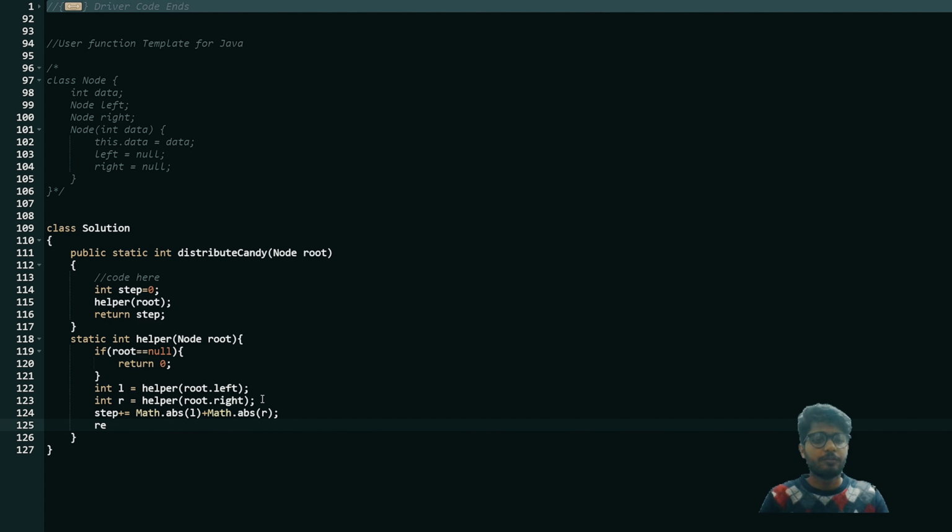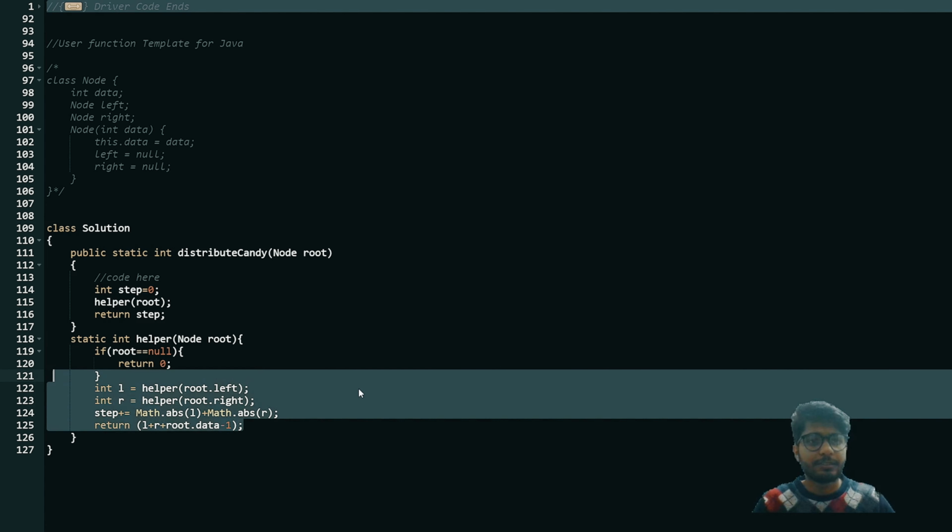Now we have to return a value which we have already discussed, that is L plus R plus the current value stored in root.data, and we will subtract 1 from the present value. This value will be returned for each function call, and accordingly we will calculate the steps. All these things have already been discussed in detail, so I hope there is no confusion.